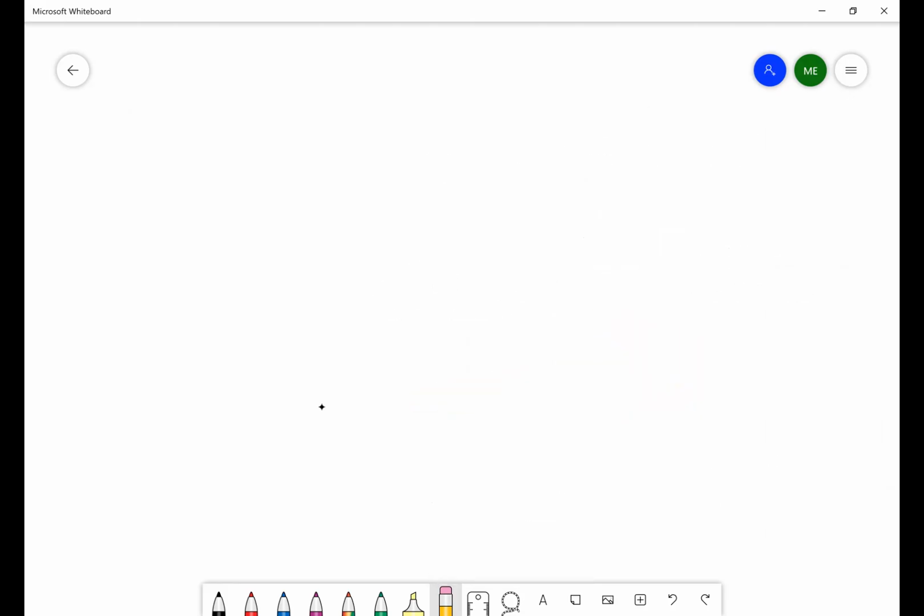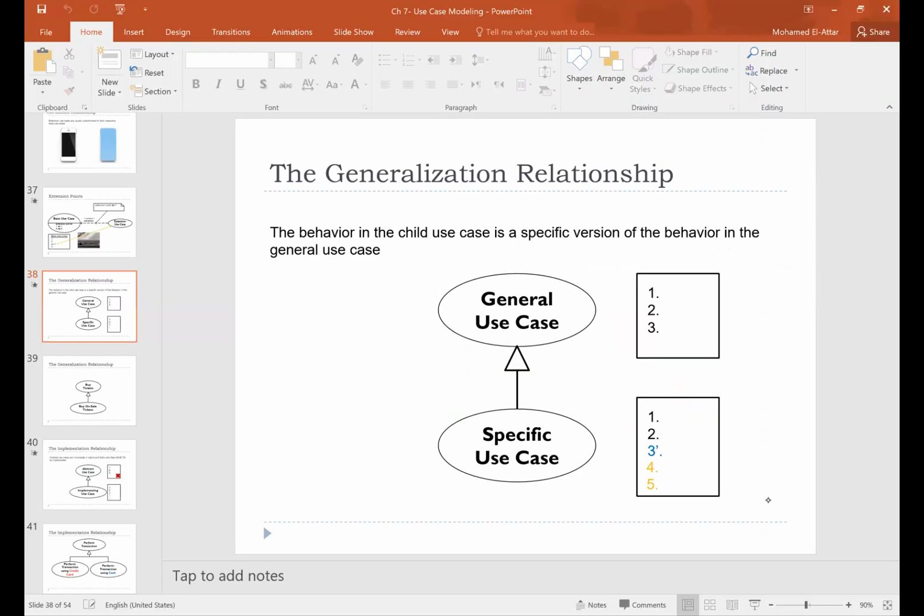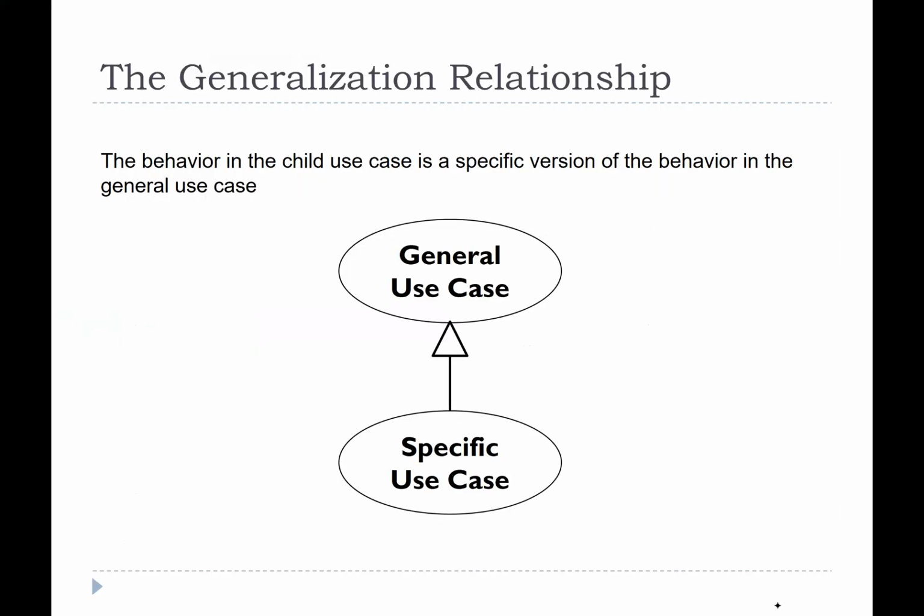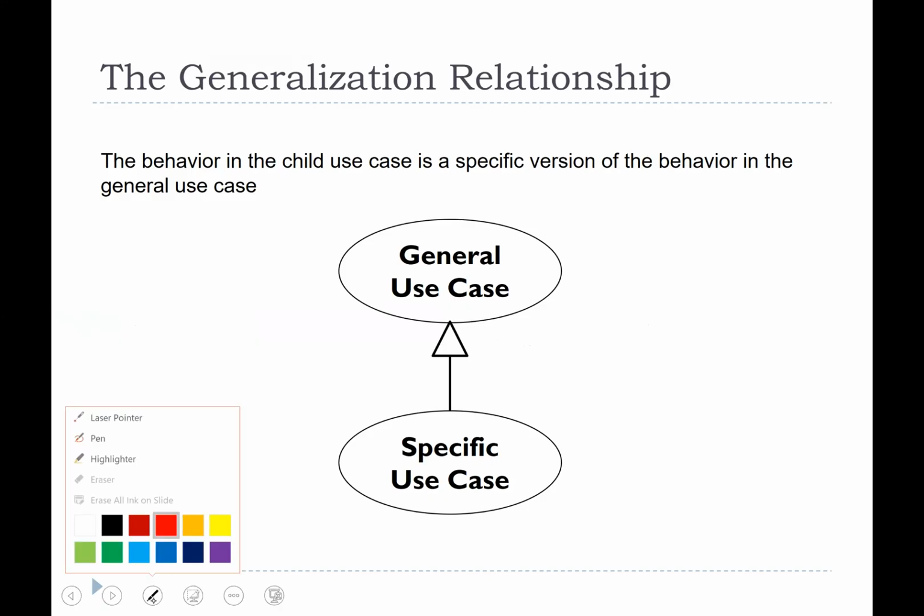Today, we're going to be talking about the other two relationships. The first of which is going to be called the generalization relationship. And the generalization relationship is the same exact concept as we had in SE 120 and SE 220, meaning that the parent is a general concept and the child is a more specific concept.